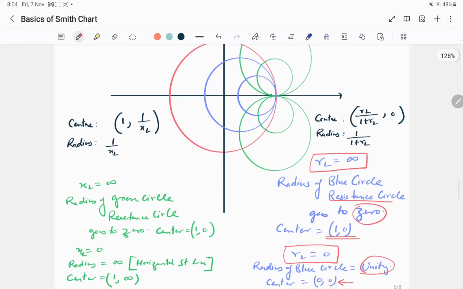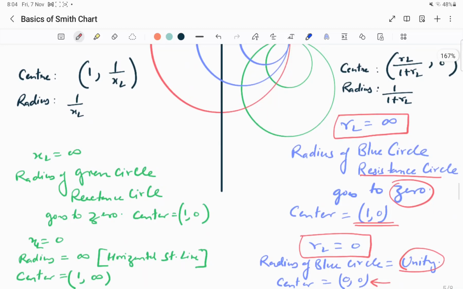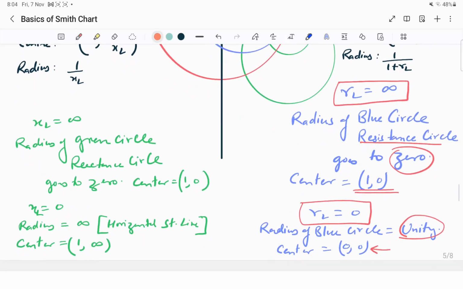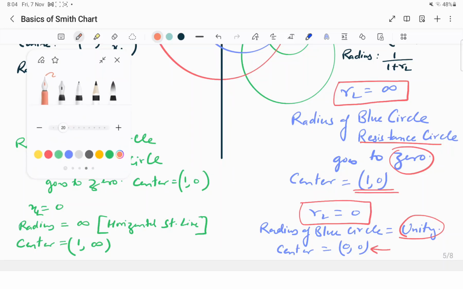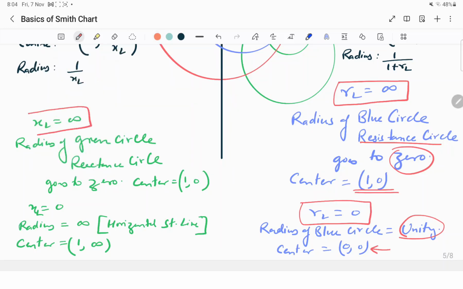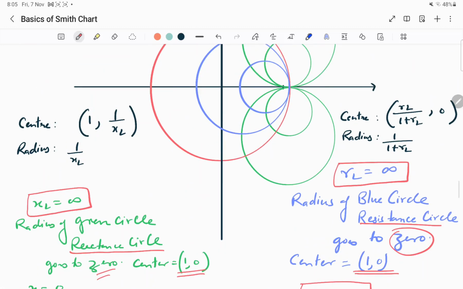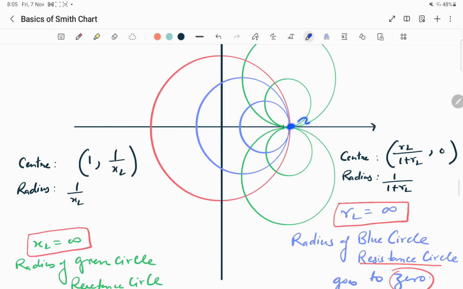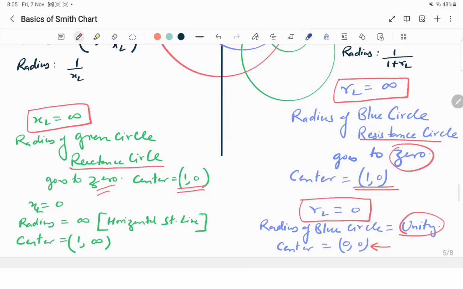Alright, similarly, when you put XL equal to infinity, the radius of the green circle, which is the reactance circle, goes to 0, and the center is at 1 comma 0, which is this same point. And when XL is equal to 0, the radius becomes infinity, and the center is 1 comma infinity.